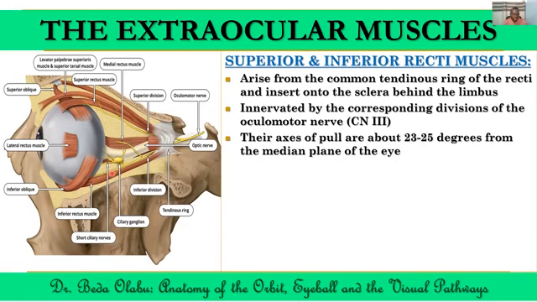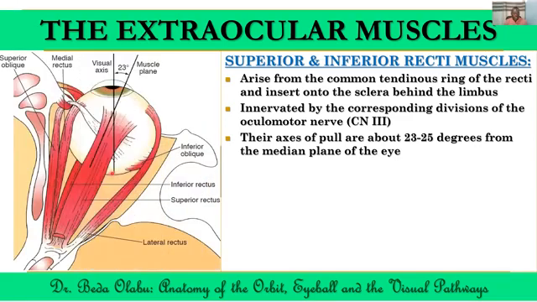The axis of pull of the recti is something to take note of if you're going to understand the mechanism of action of the superior and inferior recti. When you look at the axis of pull of the superior and inferior recti, it is not parallel to the visual axis. This is a visual axis.